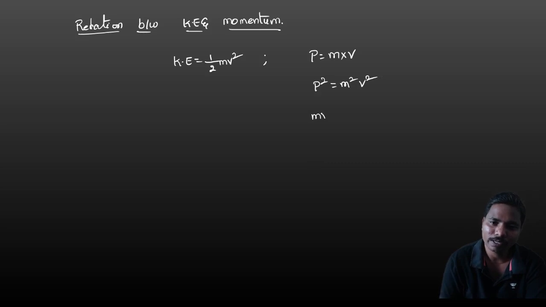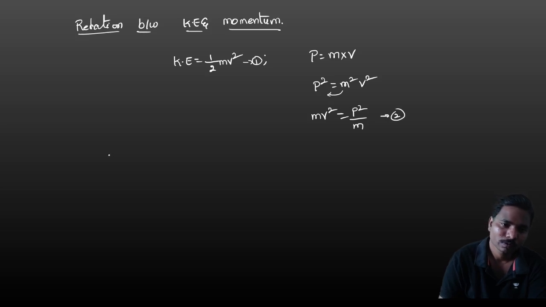Then I want only mv square, so sending one m to this side, p square by m equals m v square. Substituting 2 in 1, KE is equal to half into p square by m. So this is the relation.